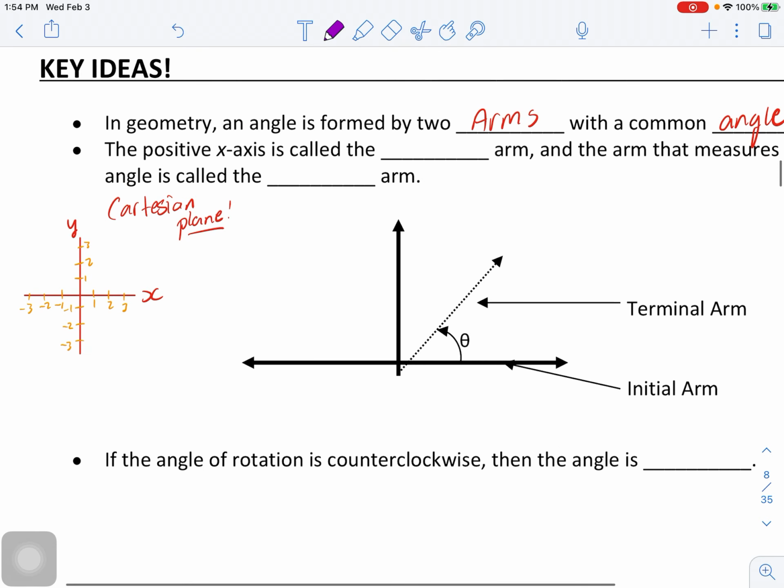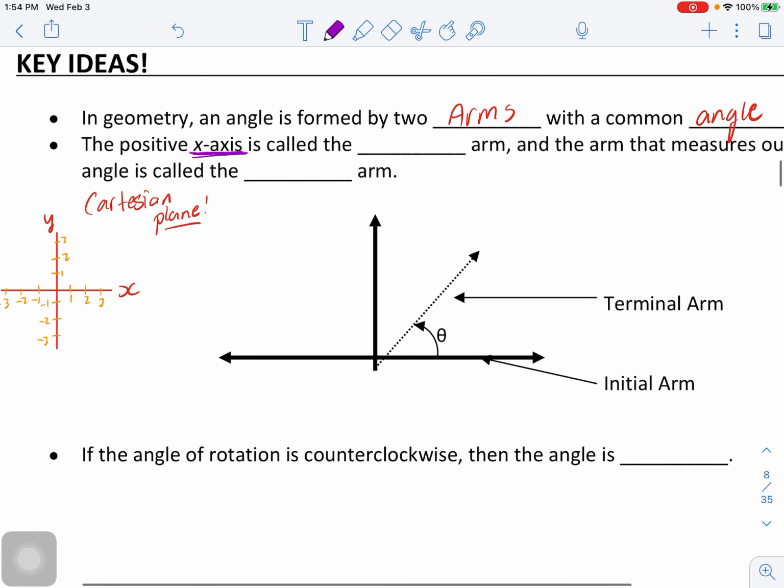So the positive x-axis is an important thing on your Cartesian plane because it's known as the initial arm. And we will learn angles that are measured from the positive x-axis are a special type of angle. So this would be the negative x-axis up here. Then you have your positive y value.